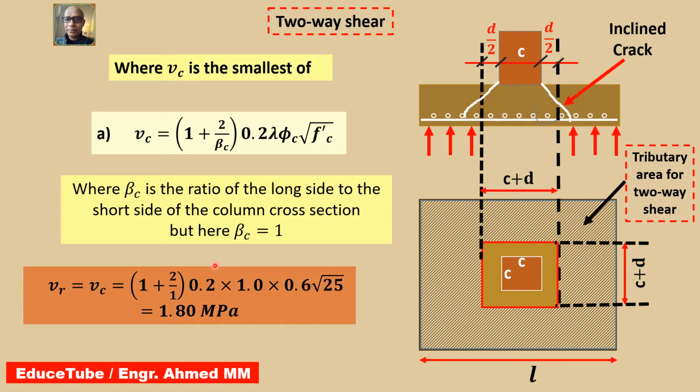It is factored shear stress resistance, both are the same. It is 1.80 MPa. Let's see the other two equations in the next slide.